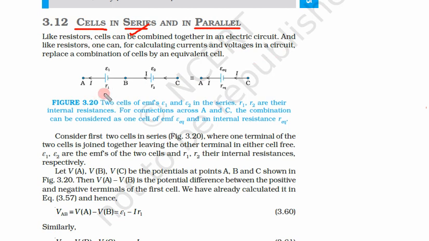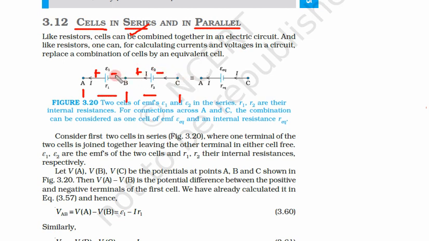So we have two cells with EMF epsilon 1 and epsilon 2. There are three points: this is point A, this is point B, and this is point C. And how are these cells connected? You see, this is the positive of the first cell, this is the negative, this is the positive of the second cell, and this is the negative of the second cell.